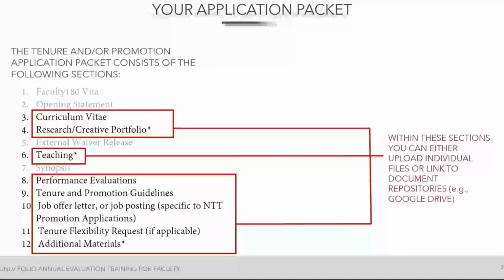This means that it's required by the unit for your case. The example that we like to give is that an application for promotion to senior lecturer might not require a research or creative portfolio, while an application for tenure for a library faculty member may not require teaching evaluations. So, just keep that in mind.